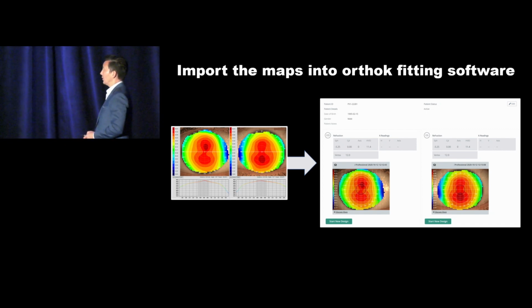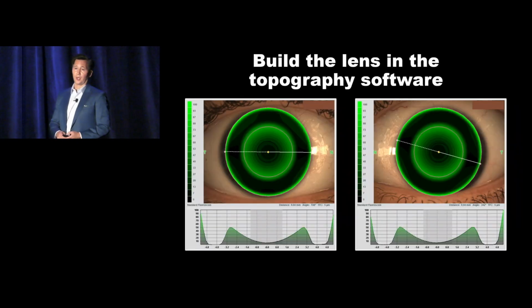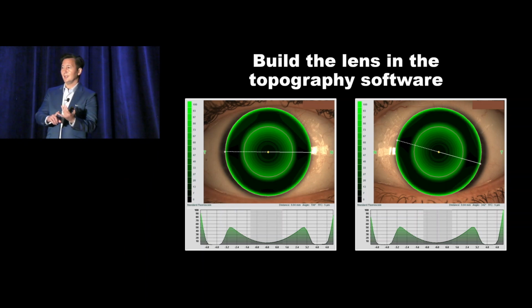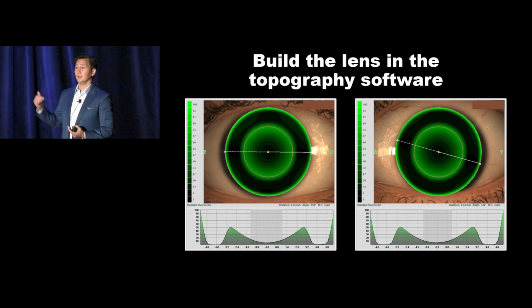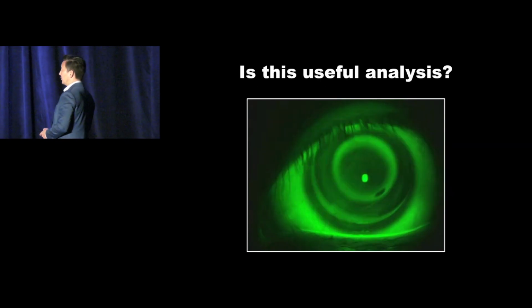And then the final one that we just talked about would be to use your topographer's fitting software to build the lens. So my point is, you've got lots of different ways that you can build a lens. You can do it empirically, sending the data to the lab. You can use third-party fitting software. You can punch the data into calculators, and you can use the contact lens software. So lots of options, all of them good.